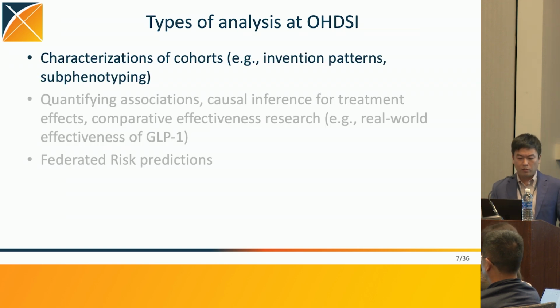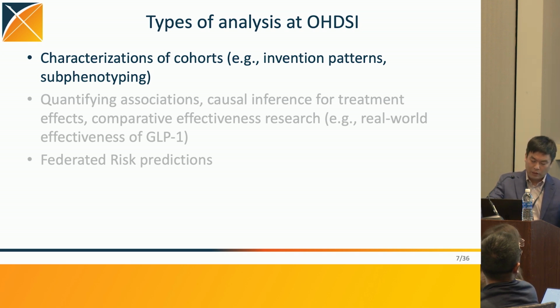In this room, as we know, we talk about evidence generation and causal inference and target trial emulation. But I want to quickly find out how many of us are doing one of the three. If you can raise your hand, if you are, for example, interested in characterization of the cohort. So we have about half of the cohort.